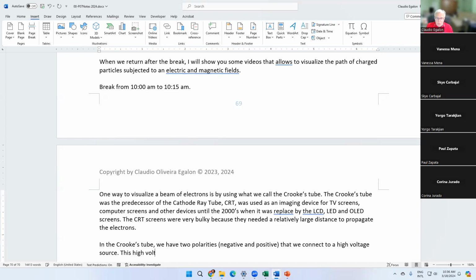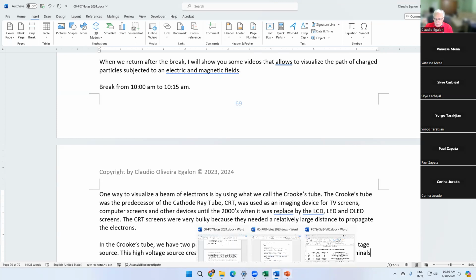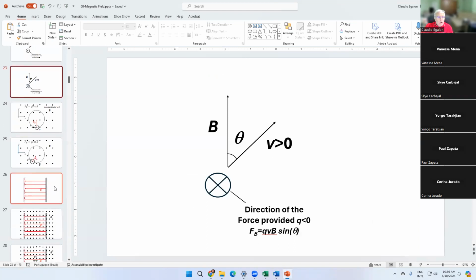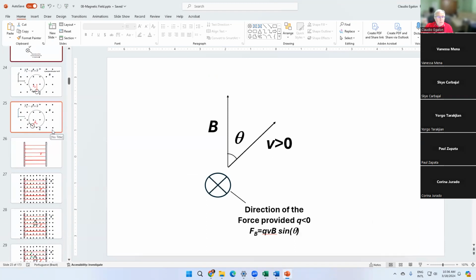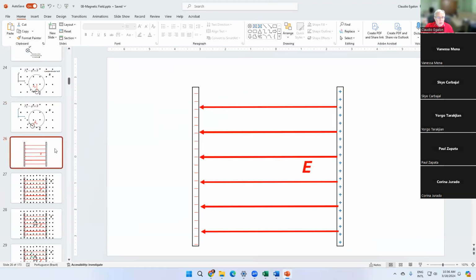This high voltage source creates an electron beam and accelerates it between the two terminals. Okay, so it's going to be something like that. I'm going to draw, you know, it's going to be something like that.